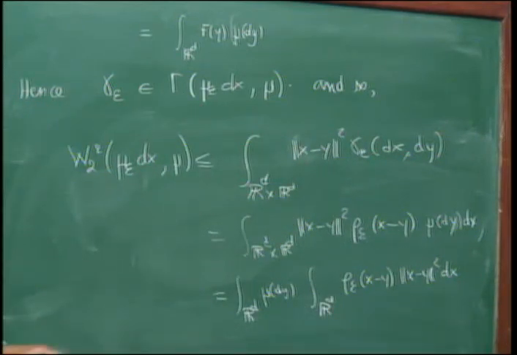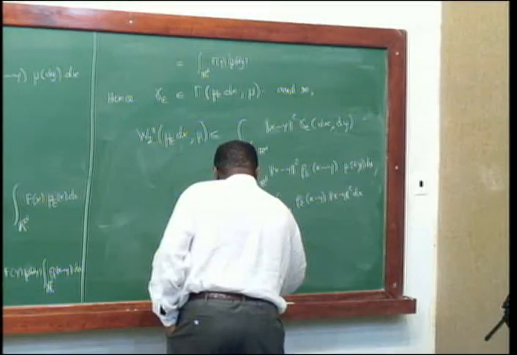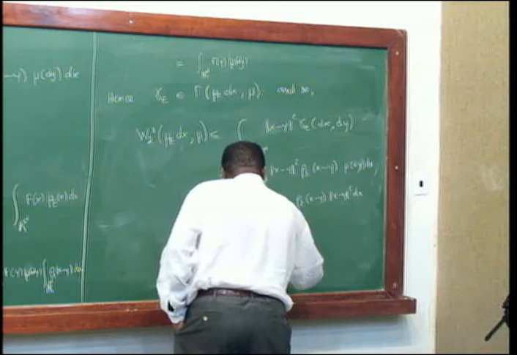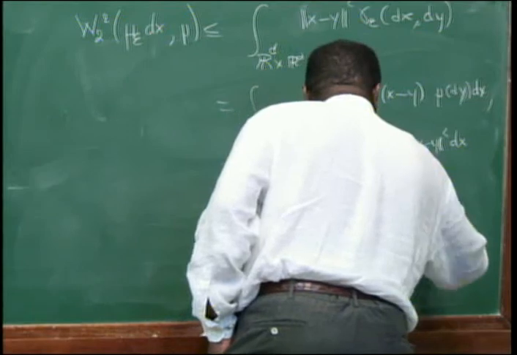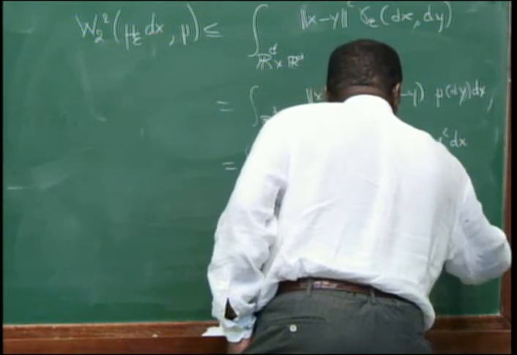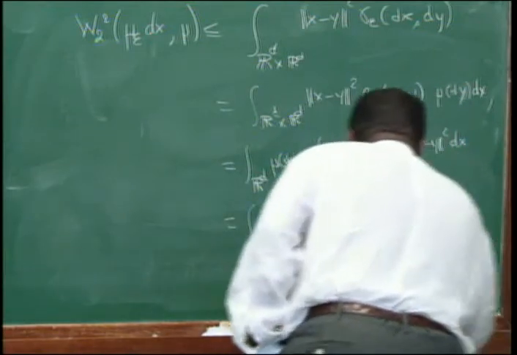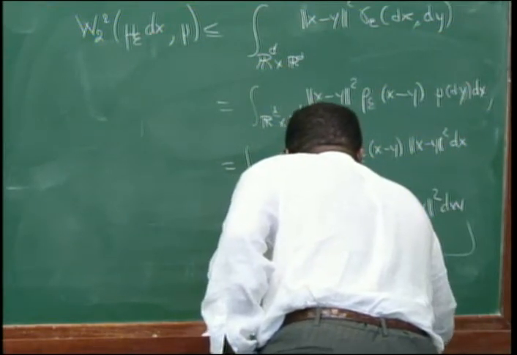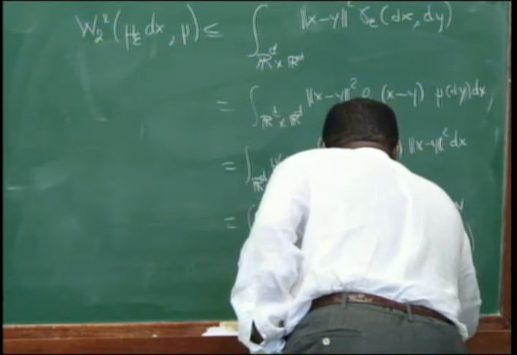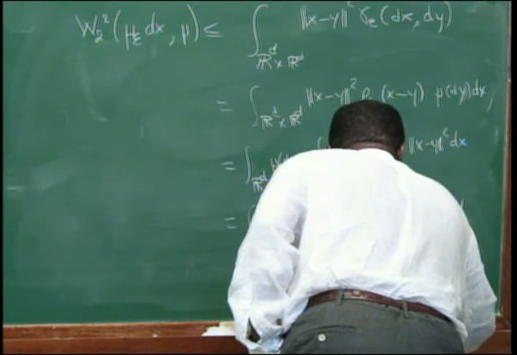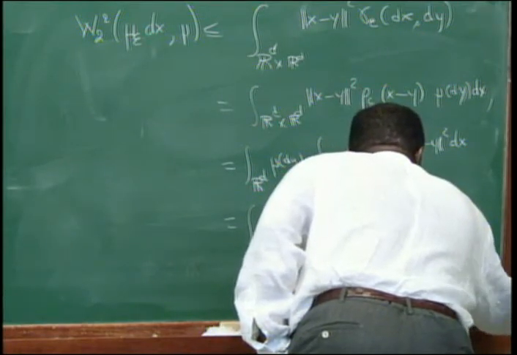Now I make the change of variable w is x minus y to get that this is the integral over Rd mu dy, the integral over Rd rho epsilon of w square dw. But I can compute what is here. It is the integral over Rd of 1 divided by epsilon to the power d, rho of w over epsilon, w square, dw.